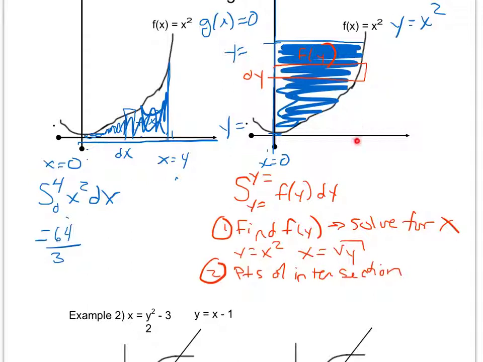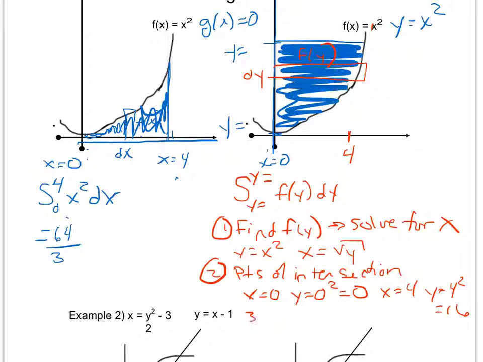When x is 0, y equals 0 squared, or 0. When x is 4, y equals 4 squared, or 16. So those are my points of intersection.